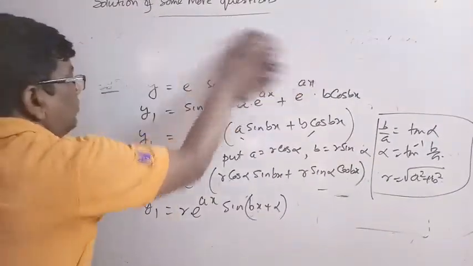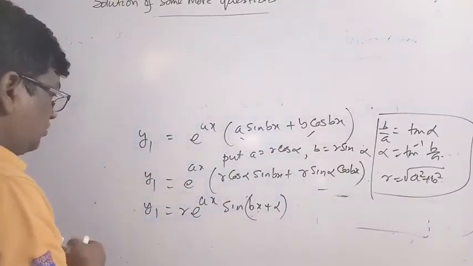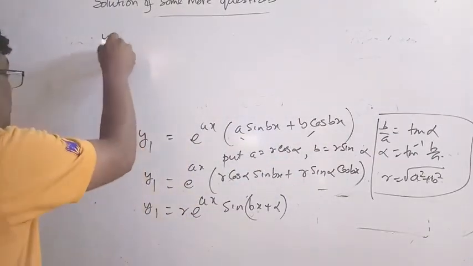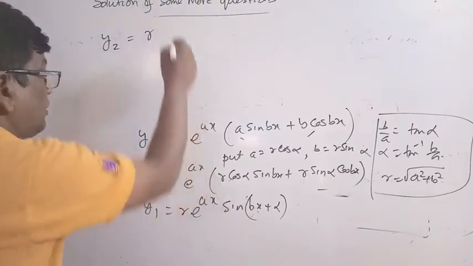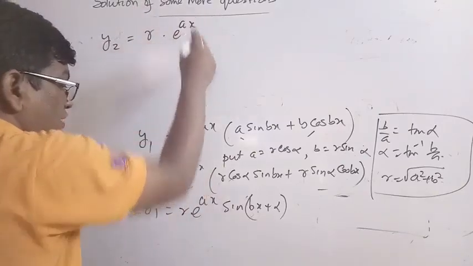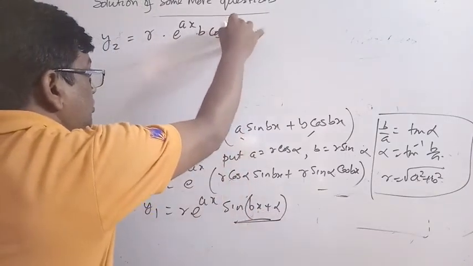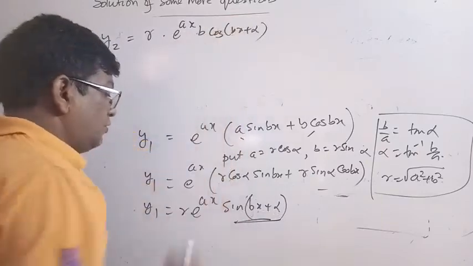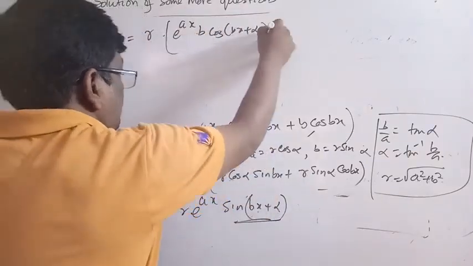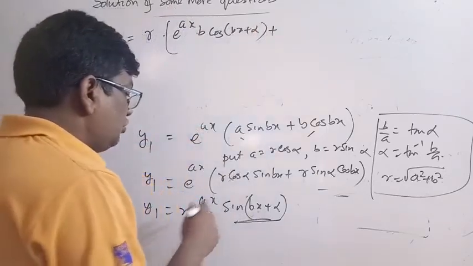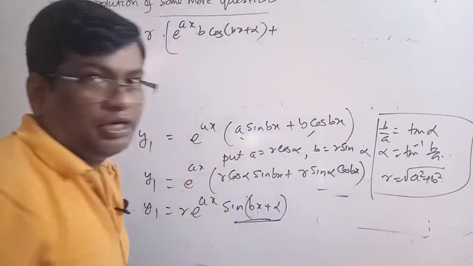Now y2 is equal to what? y2, r constant, so derivative: e to the x into sin bx plus alpha, derivative b cos bx plus alpha. Okay, and this is v du plus u dv, e to the power x.